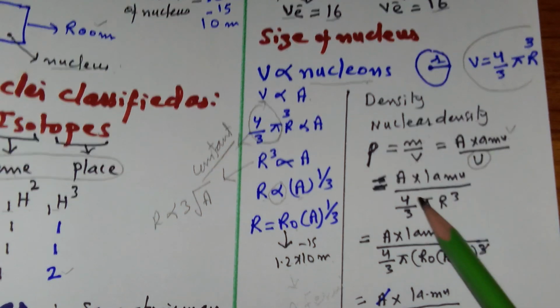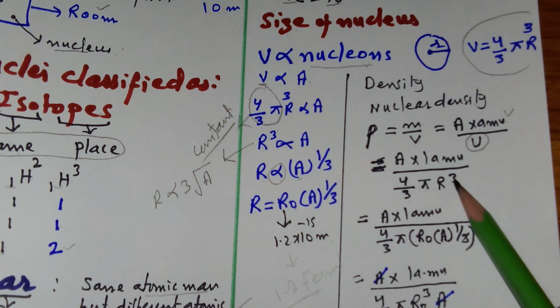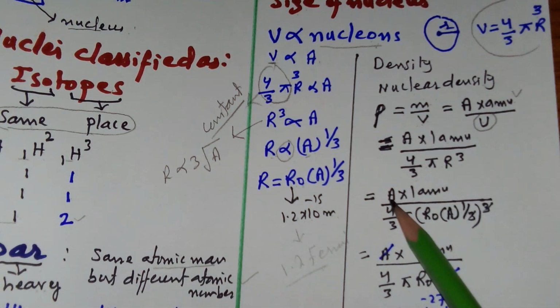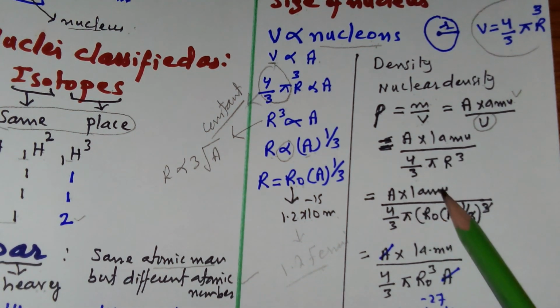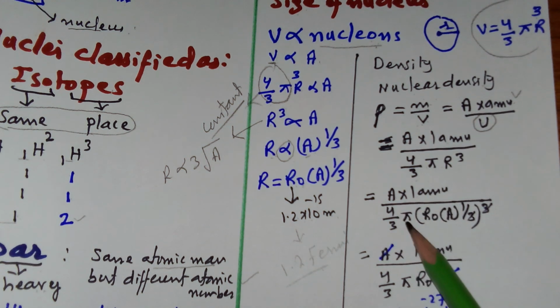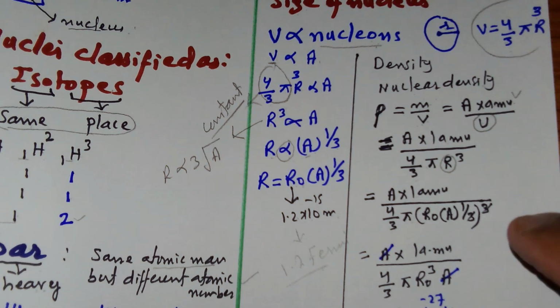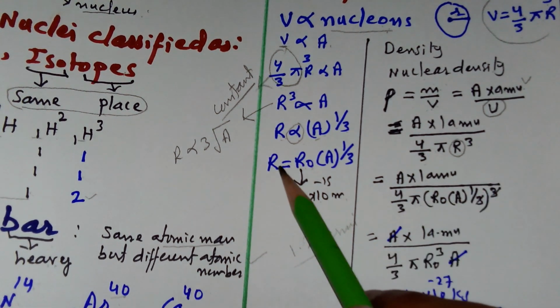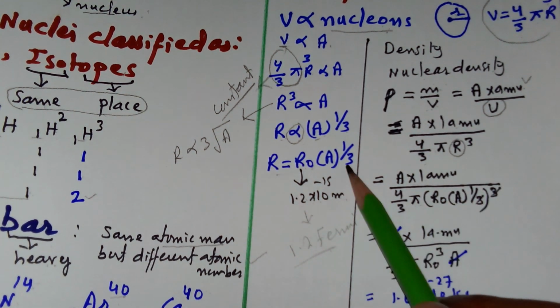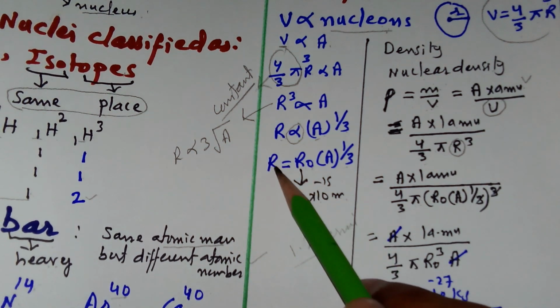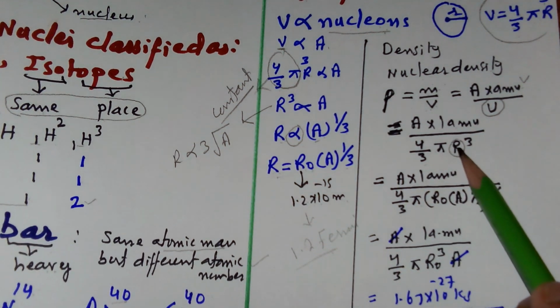So what is the formula of V? 4/3 πr³. So again, this is the same formula: A × 1 u divided by 4/3 π. And what is the value of R? Now that we have calculated the value of R, we will put it in this equation.